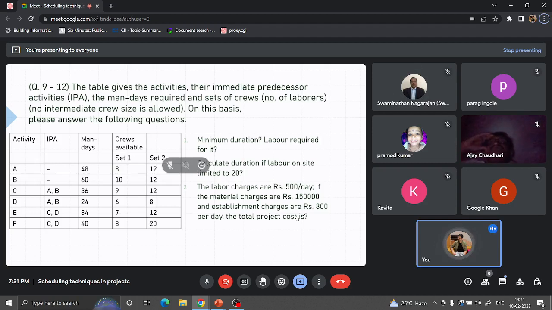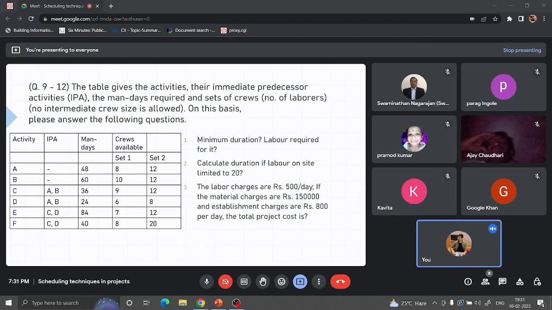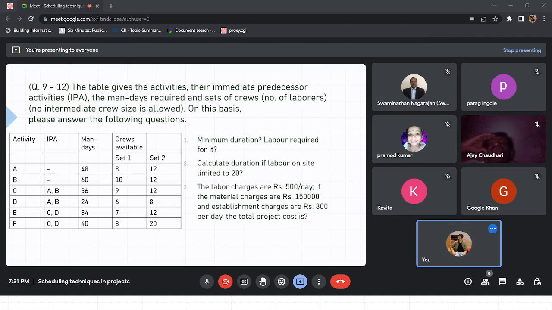Anybody who would like to contribute something here? What is a resource and what is resource driven? If not, then we will start moving on with the question.